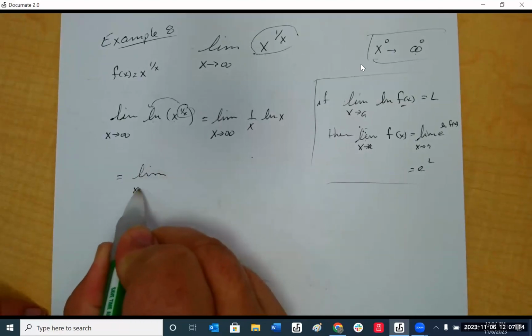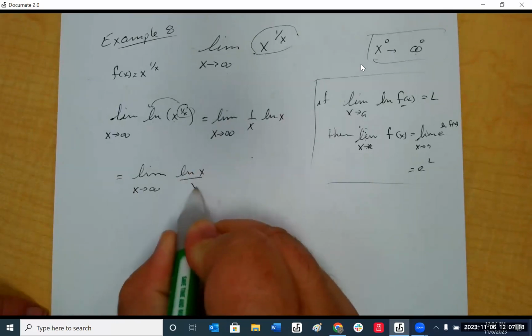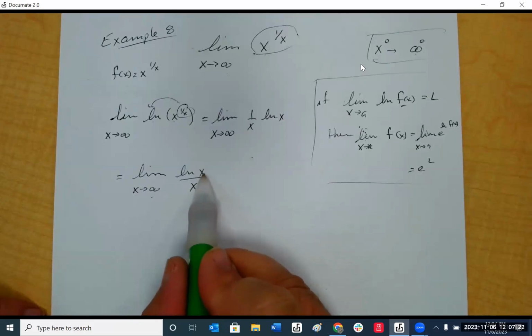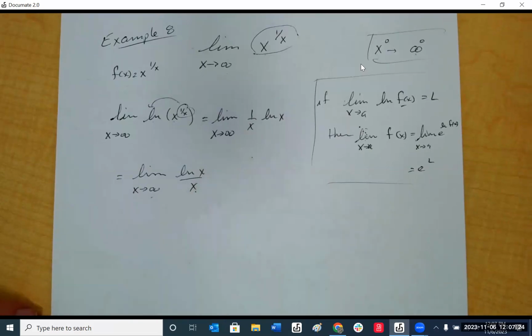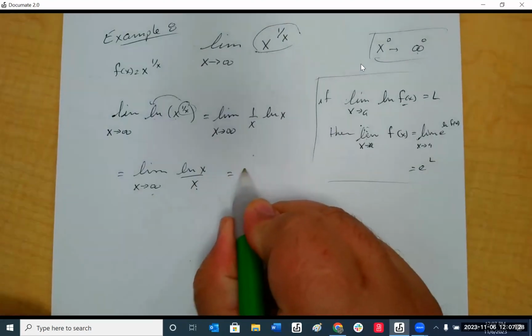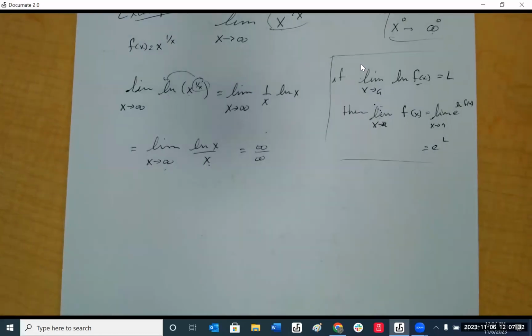the traditional L'Hopital's rule of ln x over x. So we have infinity over infinity, which means we can use L'Hopital's rule.